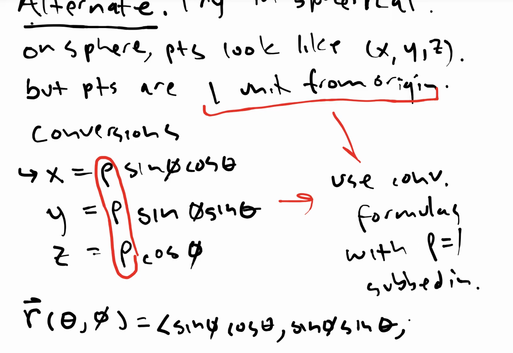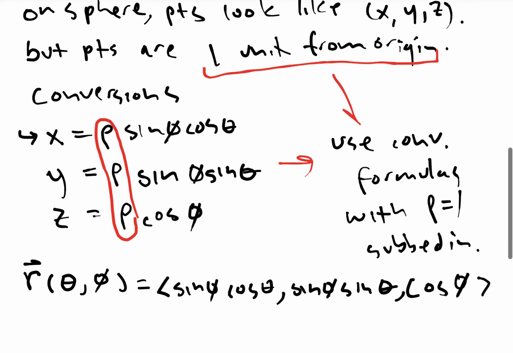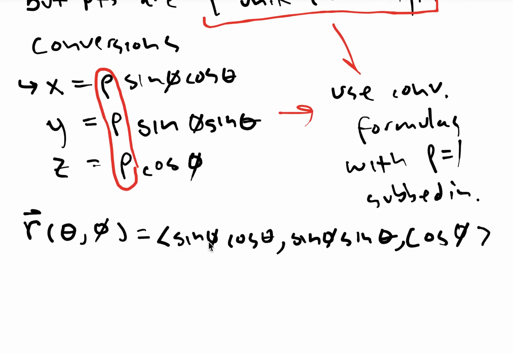And if I do the same thing on this last component, I'm going to get a cosine of phi here. Now, if you want to restrict down to the smallest domain that's required to actually express the entirety of your sphere, think about the way that our spherical conversions worked. What values of theta do you need to make it all the way around the sphere? Here I'll note the restrictions on theta. That needs to be stuck between 0 and 2 pi.